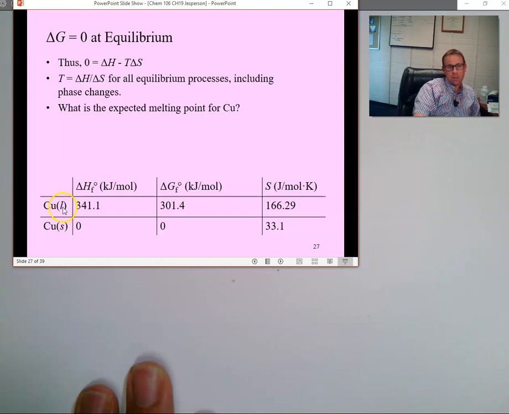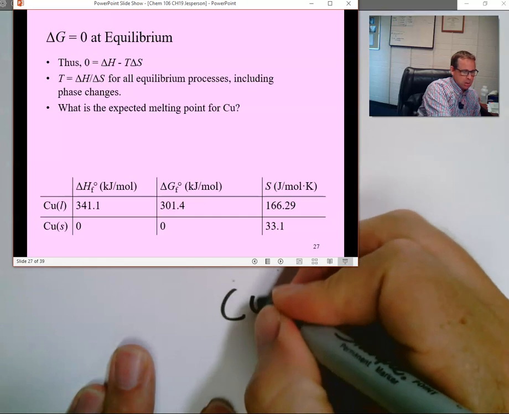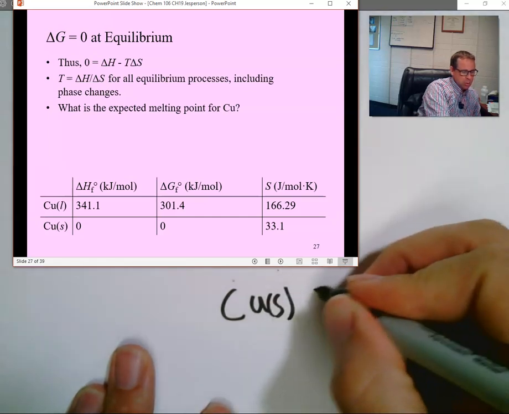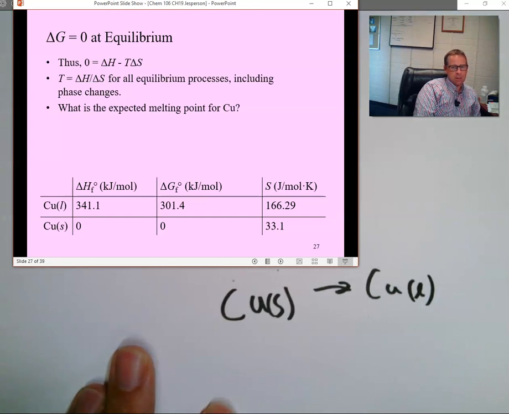If you know the delta H's, the delta G, and the entropy contribution of copper in its liquid and solid form, you can place delta G at 0 and identify the delta H of a reaction. It's not really a chemical reaction, but you can say copper solid going to copper liquid, right?